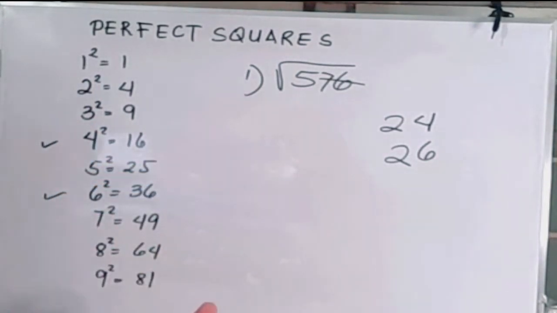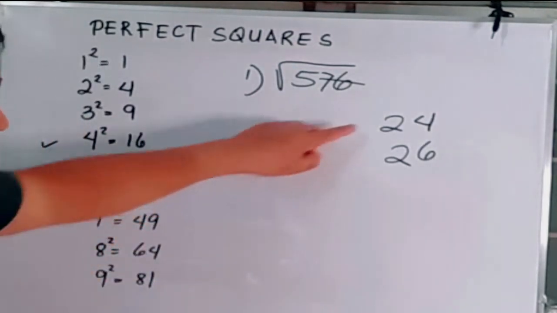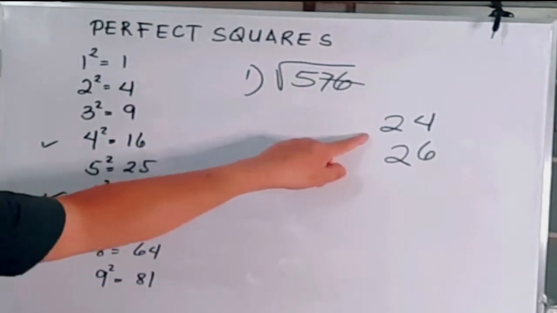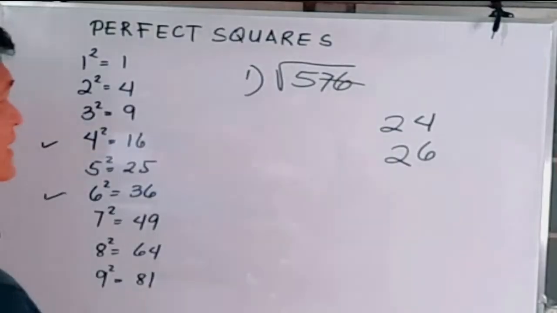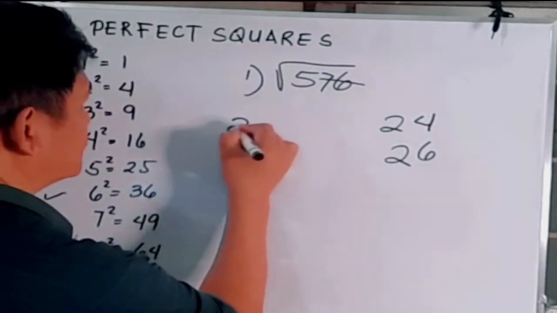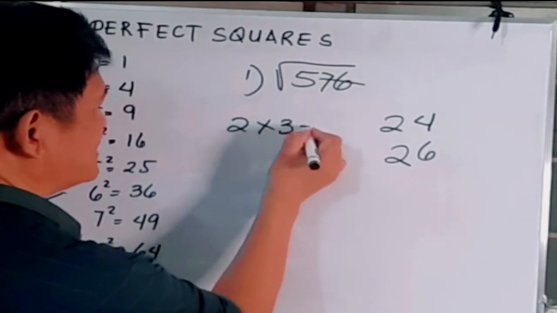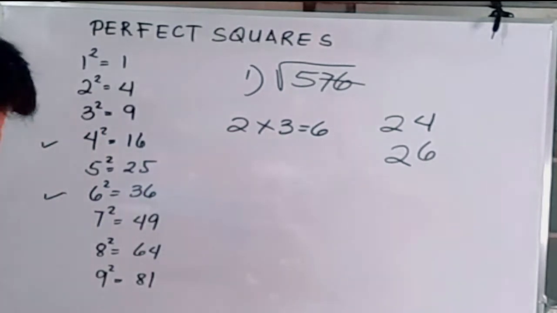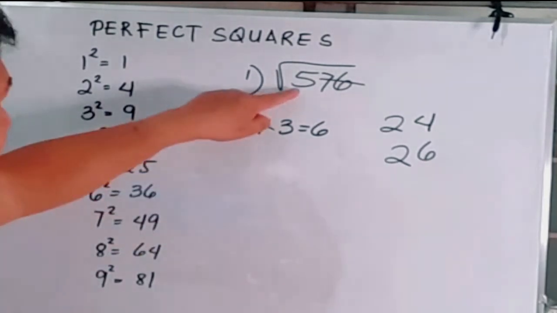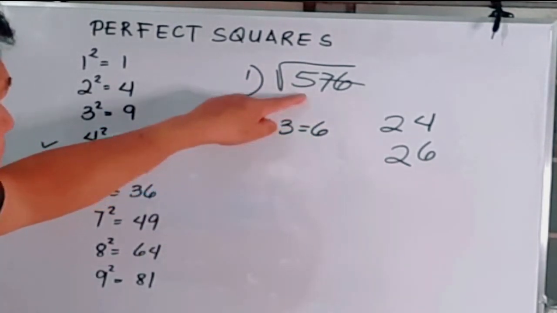But how do you find which of the two is your answer? Now, next step is to multiply your 2 by the next bigger number, and that is 3. That means you multiply 2 times 3, which is equal to 6. Now, let us compare 5 and 6.